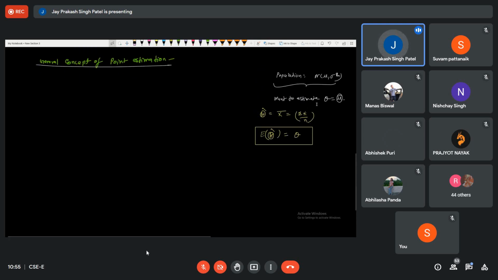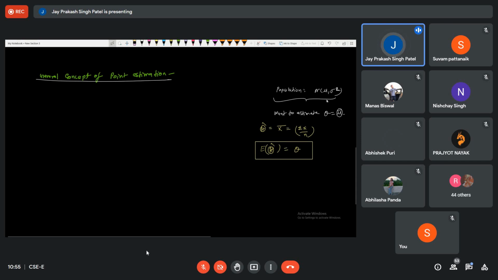So an estimator having this property is called an unbiased estimator, because x bar has its own sampling distribution, called the sampling distribution of sample mean. Because x bar is not a fixed quantity, it is a random quantity. Its value differs from sample to sample.